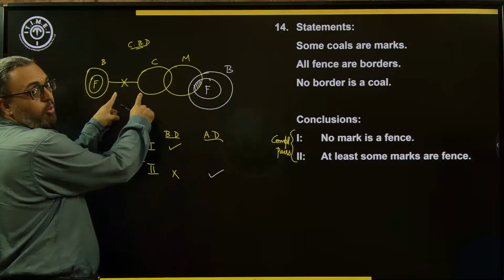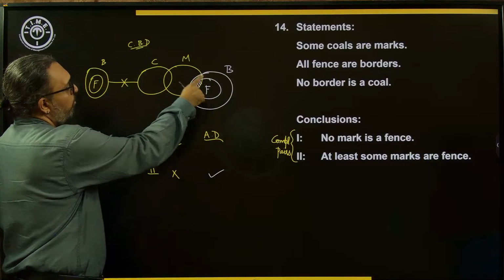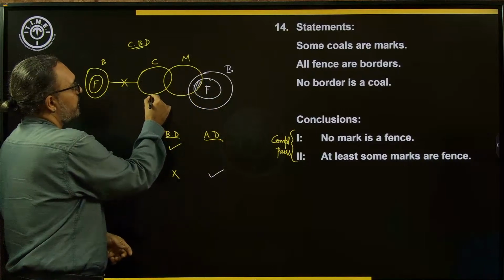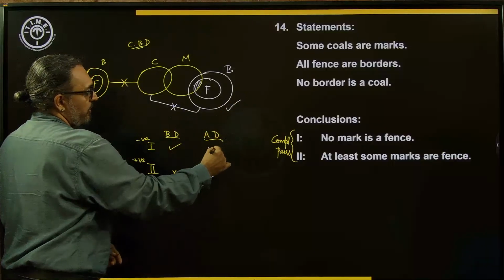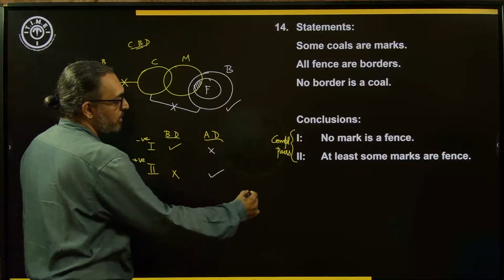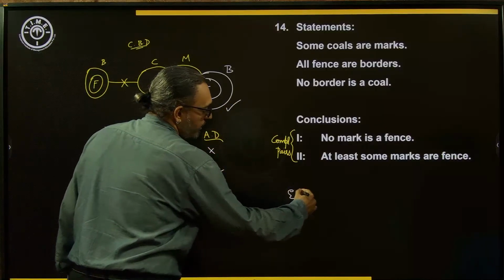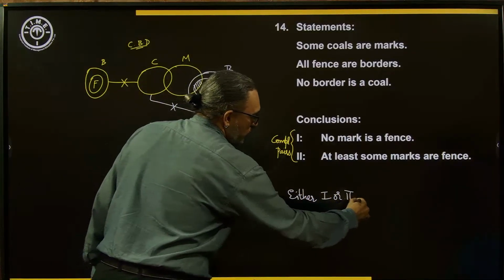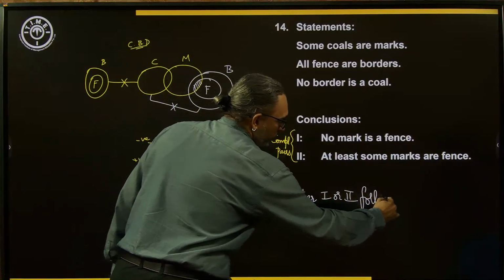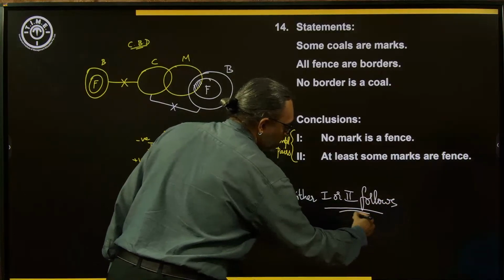The original is no border is a coal. And still B and C are not touching each other. No border is a coal. So definitely it satisfies. So that is why my answer to this is going to be either 1 or 2 follows.